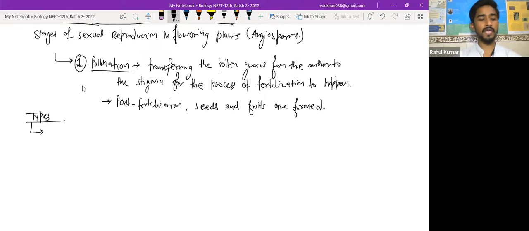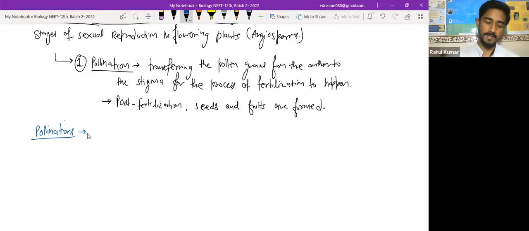So before going into the types of pollination, write down pollinators. These are biotic and abiotic.